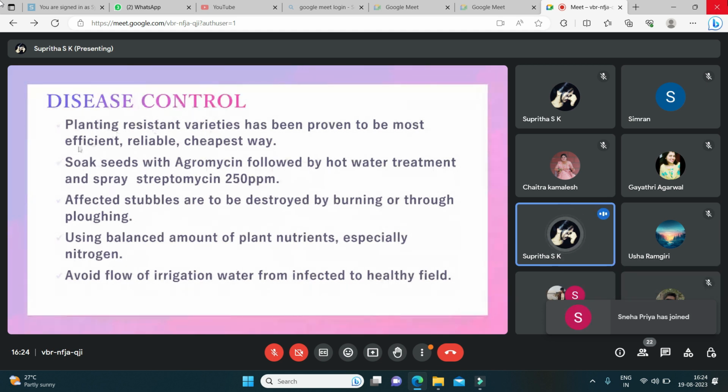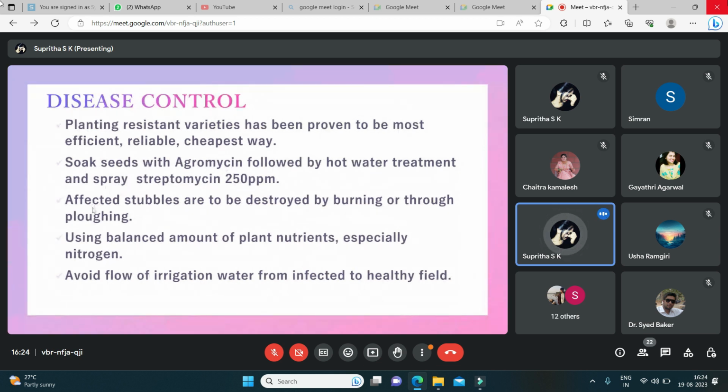Okay, after selecting the seeds, they are soaked with agromycin, followed by hot water treatment, and bactericides against this bacteria may be streptomycin.